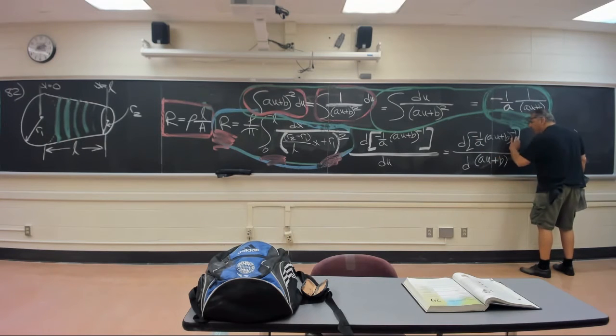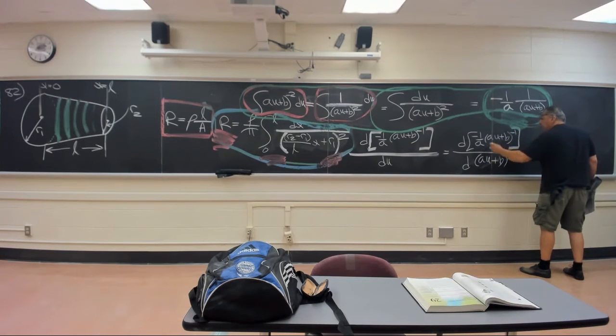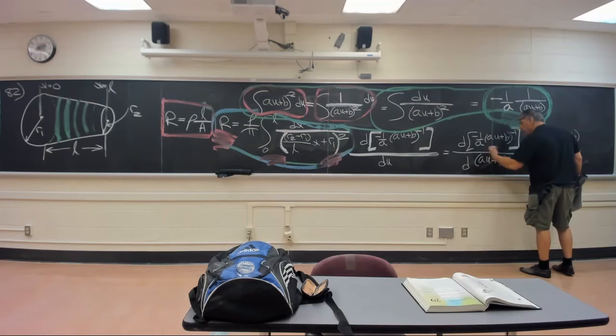The derivative of all this is negative 1 over A times the quantity AU plus B to the negative 1, the derivative of it with respect to AU plus B.